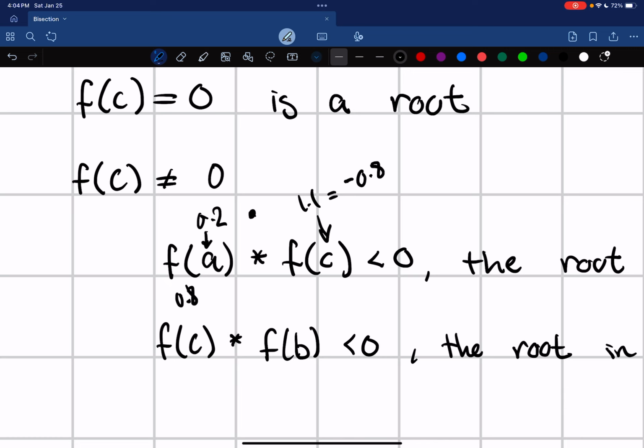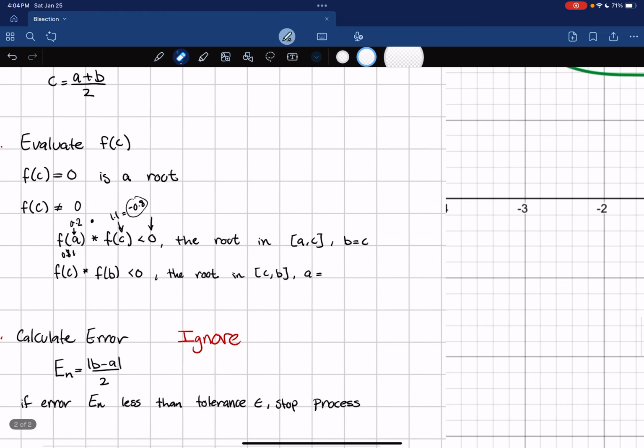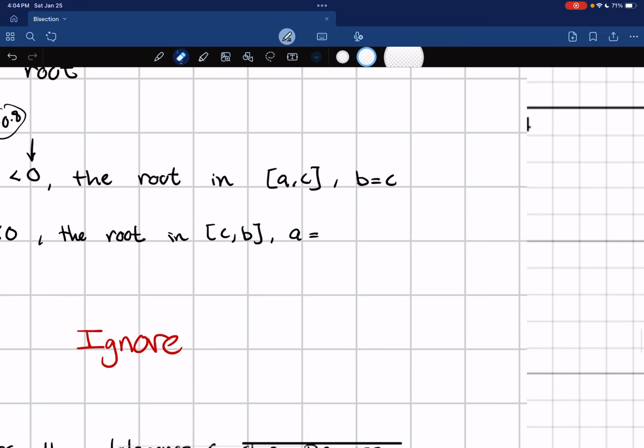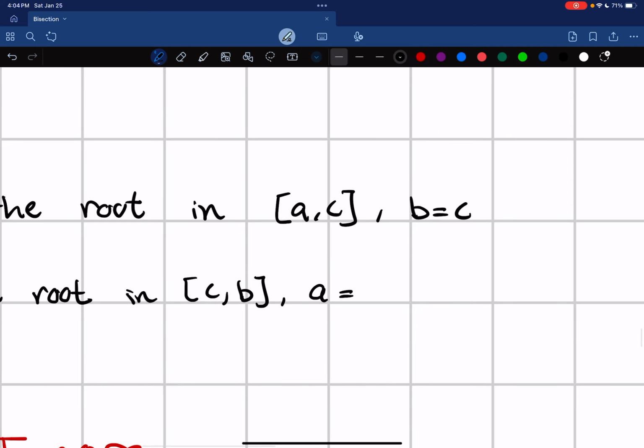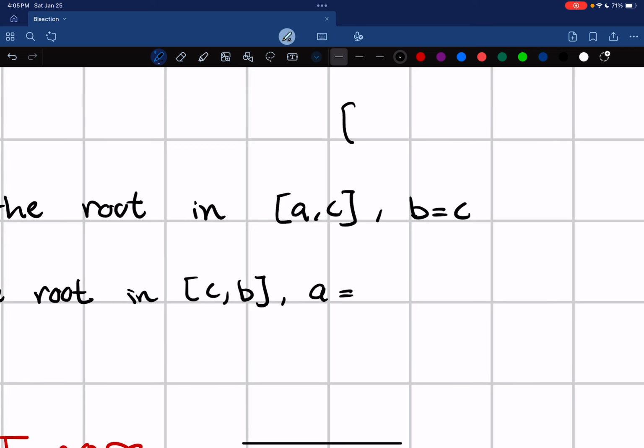So now when I multiply these two numbers, this 0.8 and this negative 0.8, I don't care about the resulting number. All I care about is that the number is either positive or negative. If I multiply a negative by a positive, I'm going to get some negative number, which is less than 0. If it is less than 0, that means C becomes, so I shift B. First it was AB, right?